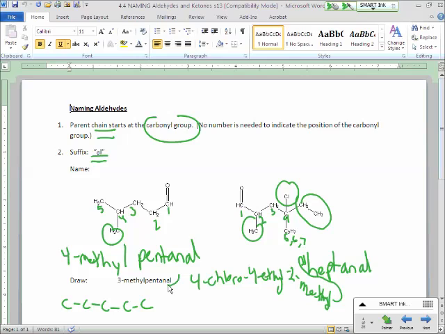Now, as soon as you see the al ending, you're putting double bond O, right? That's what you're doing. That's the carbonyl group. As soon as you've got the al ending, double bond O right at the front. Then you're going to go 1, 2, 3, put your CH3, and then again load with H's, right? Because it's on the end, you can put the H on the outside here.